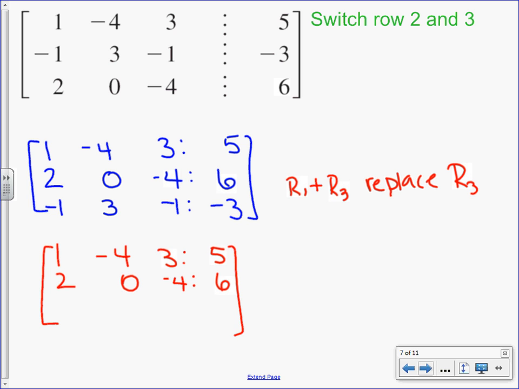Now if I want to add row 1 and 3 together, what would we get for this first number? 0, -1, 2, and 2. So all 3 of those matrices are row equivalent. We can keep going with some more operations, but we're going to practice more of that tomorrow as far as what operations we should do and why.